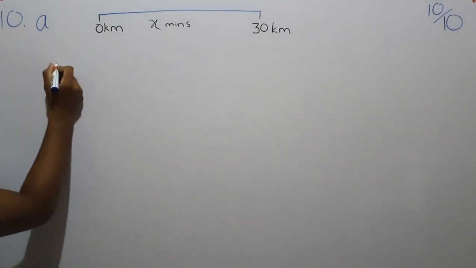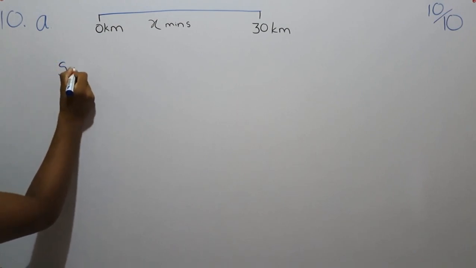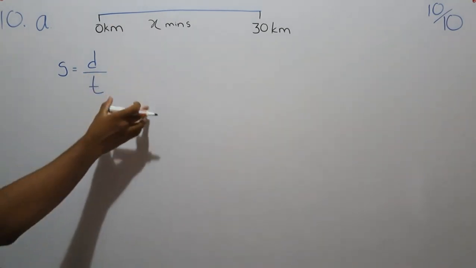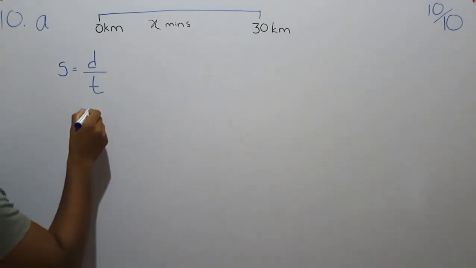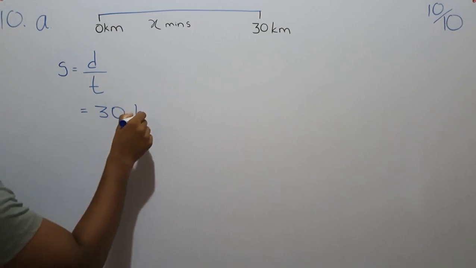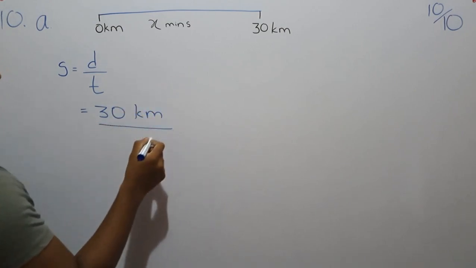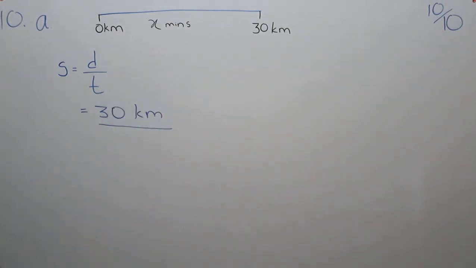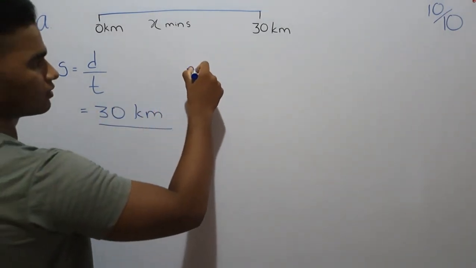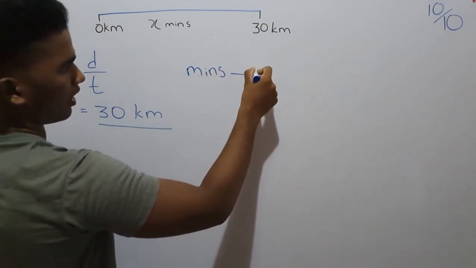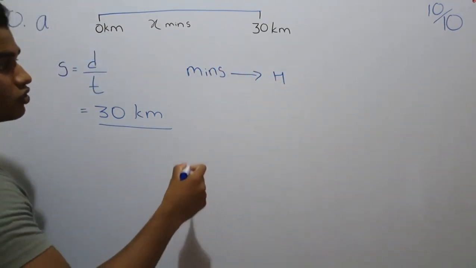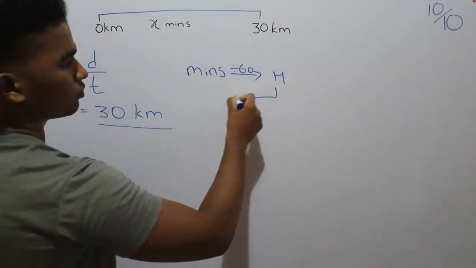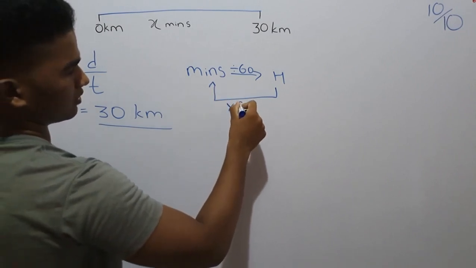So first question, average speed is equal to distance divided by time. So distance we know as 30 kilometers. Now the time is in minutes, but what they want is in hours. To convert minutes to hours, we should divide by 60. From hours to minutes, we should multiply by 60.